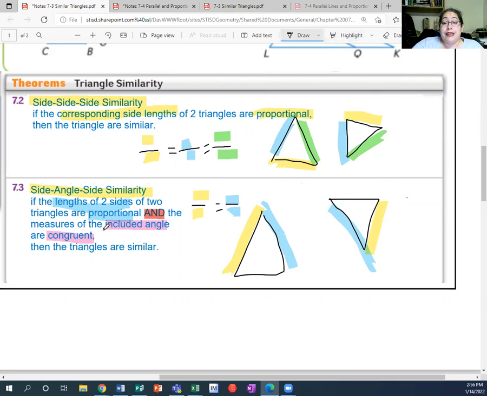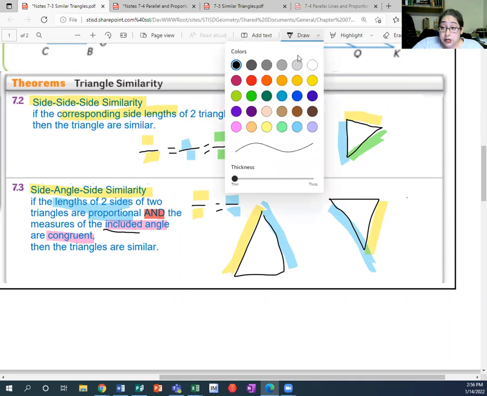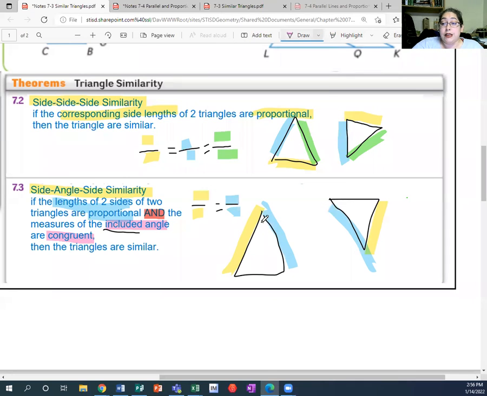And then you want the included angle. The included angle is the angle that gets created by the two sides that we worked with. So these two angles here, and we want them congruent, the same measure. If we can show these two things, then we can say the triangles are similar.